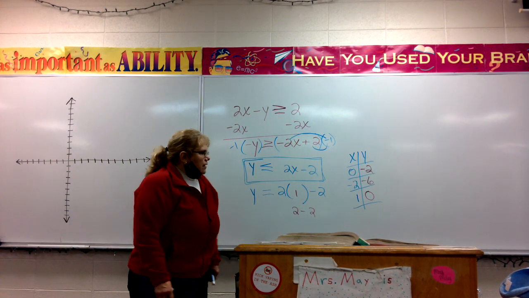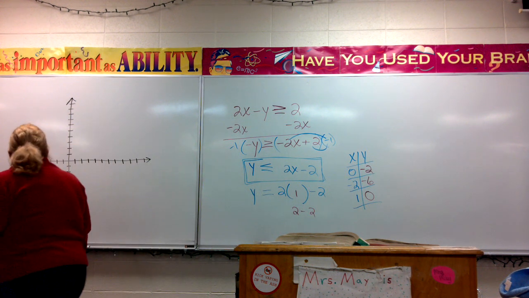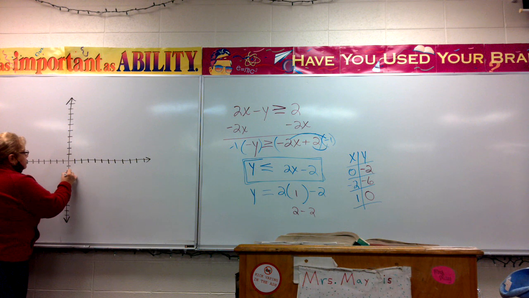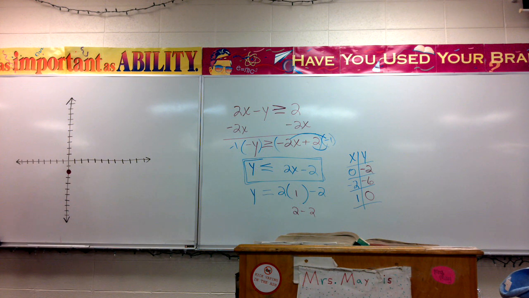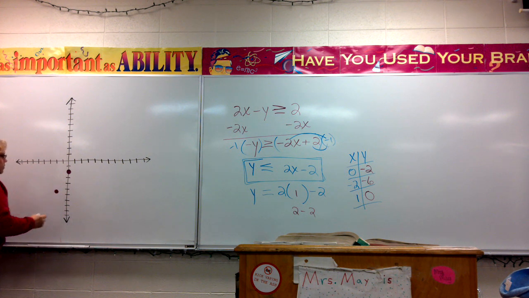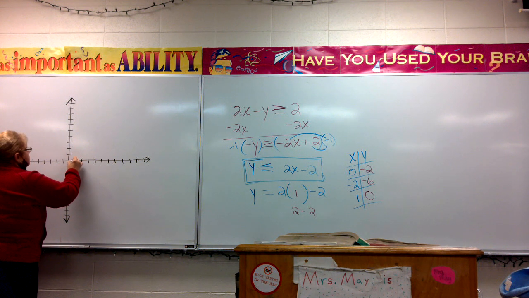Oh, we're going to plot the points. 0 right or left and 2 down. Negative 2, negative 1, 2, 3, 4, 5, 6. One, 0. 1 over and 0 up.